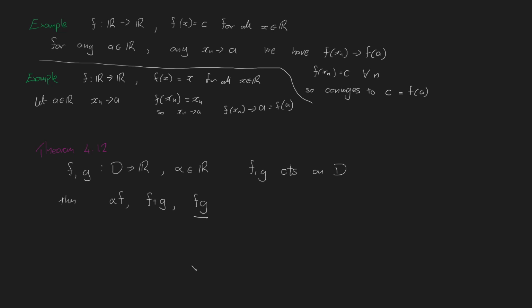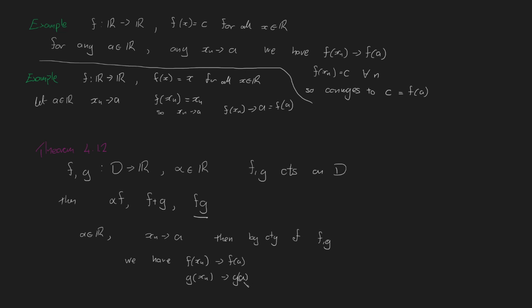So in particular, if I focus on fg, if we have some real number a, we take xn a sequence which converges to a, then by continuity of f and g, we have that applying f to that sequence, an arbitrary sequence converging to a, converges to f of a, and also g applied to that sequence converges to g of a.